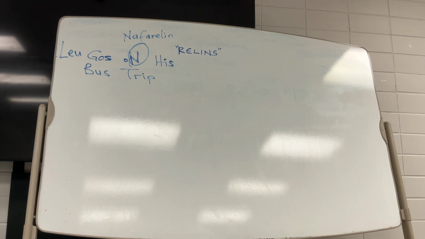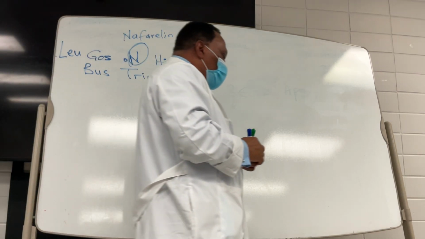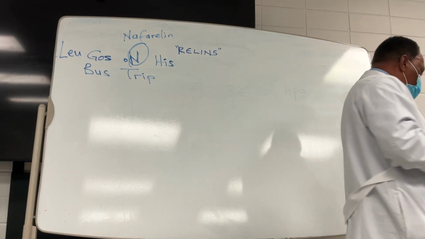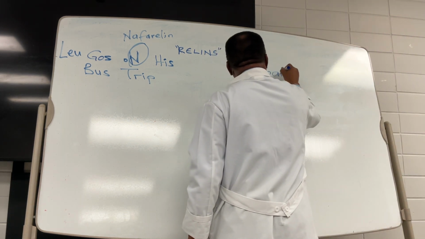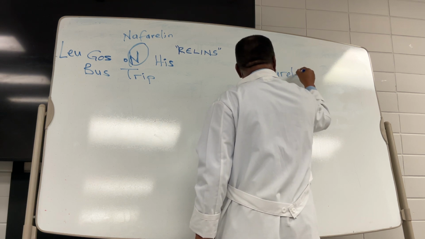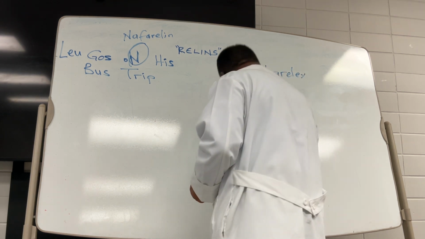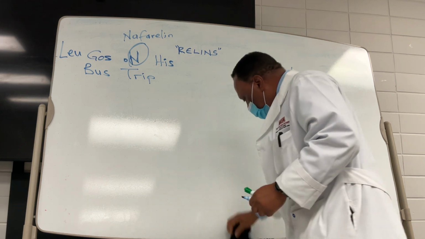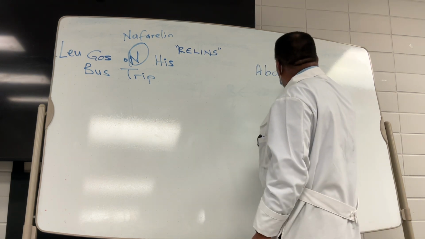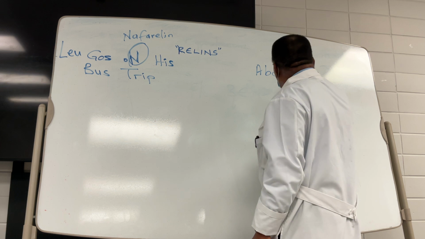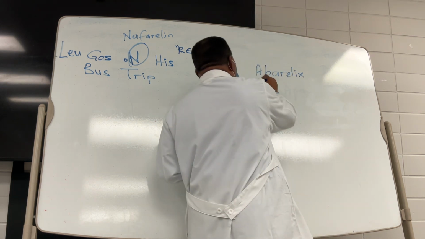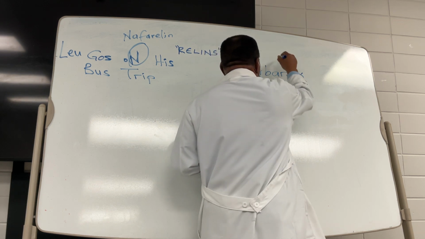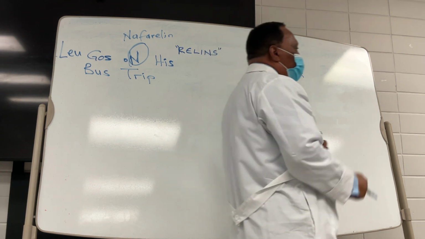And then the gonadotropin releasing hormone antagonists. The main agent here is abarelix. You have one that is also called degarelix.